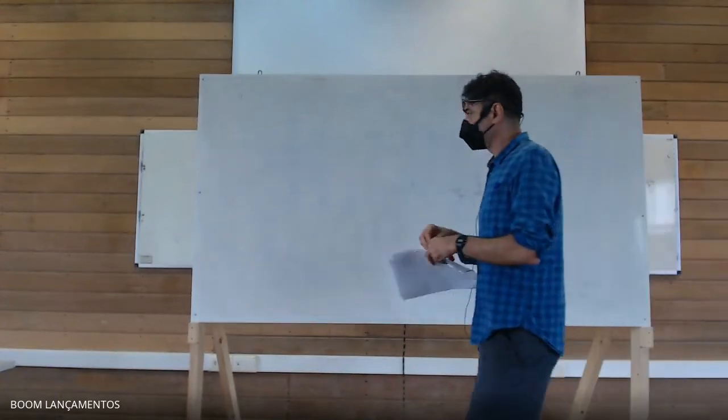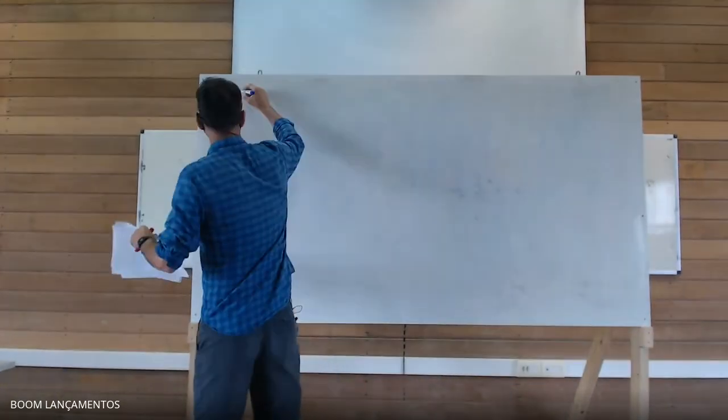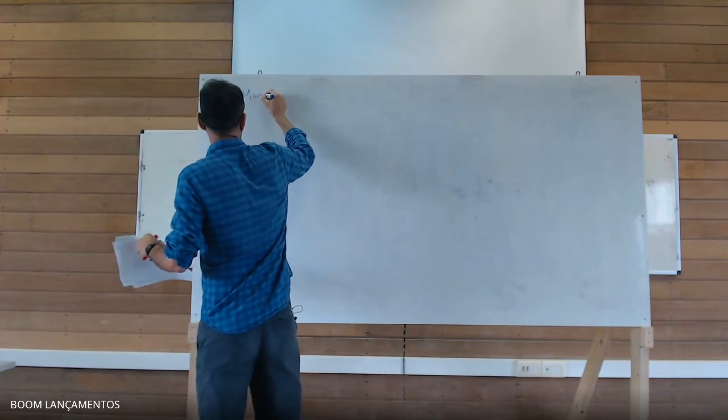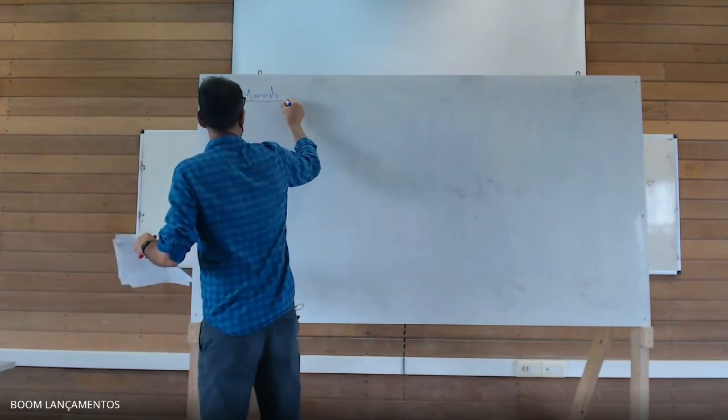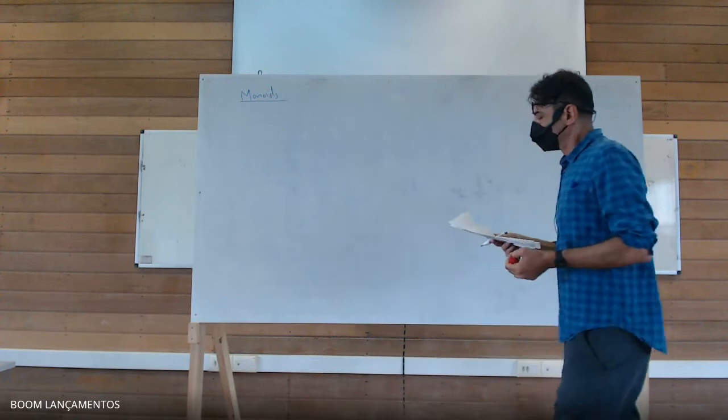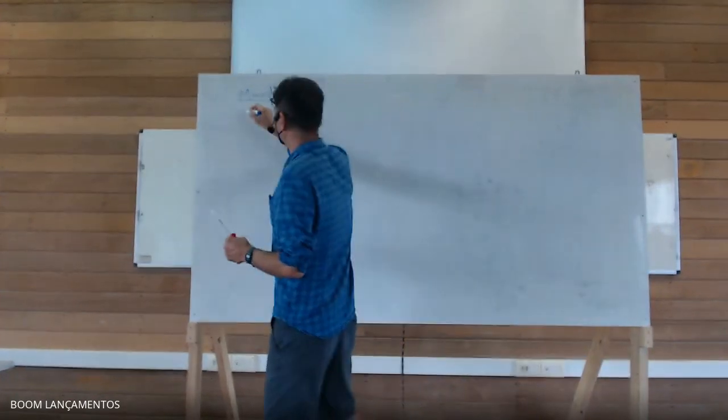So I'm going to talk about monoid. This might bore you, but I need to establish monoids. So you start with a set, and I want this set not to be empty.